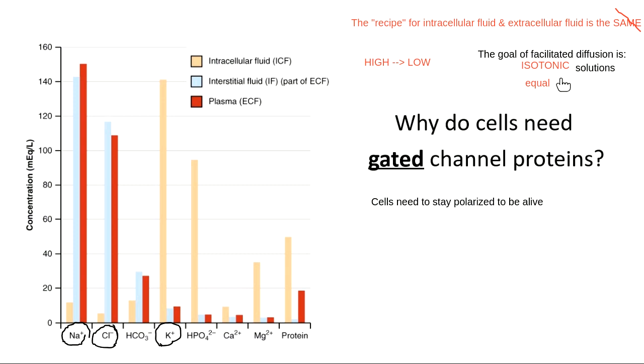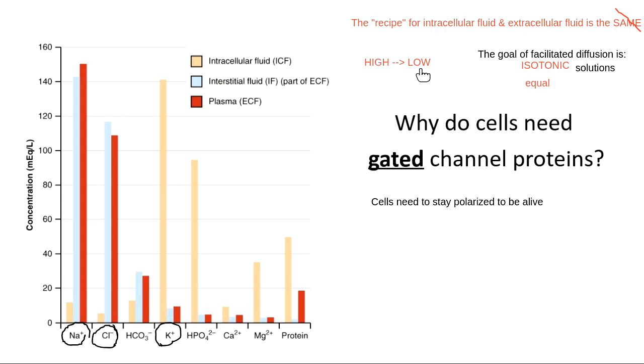Because if my channel protein is not gated, if my channel protein is always open, I am always doing facilitated diffusion. I am always moving things from high concentration to low concentration, from high to low, from high to low.